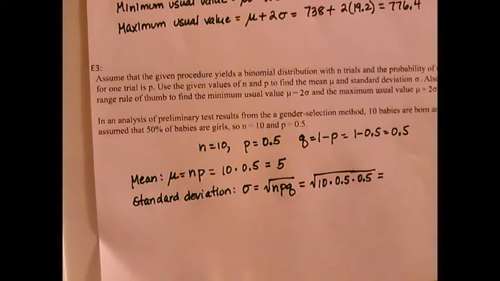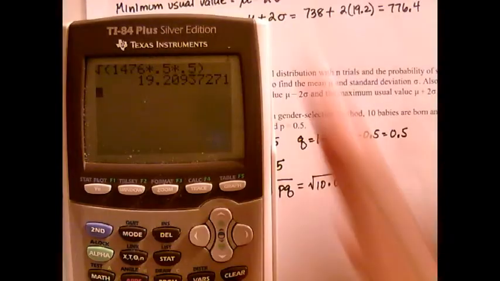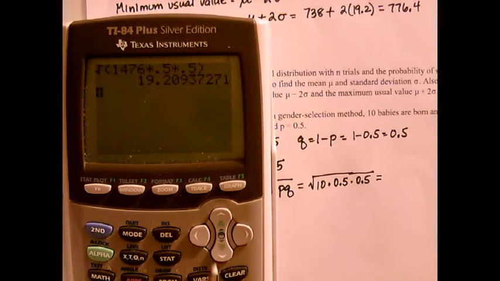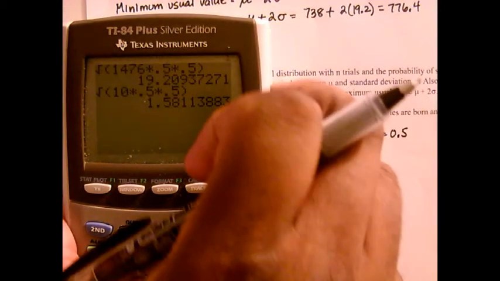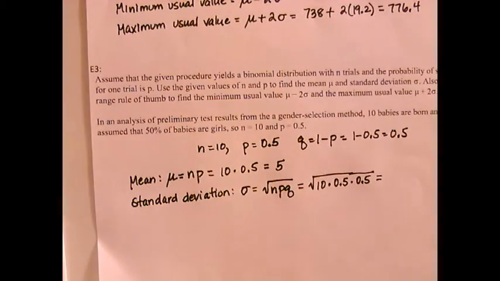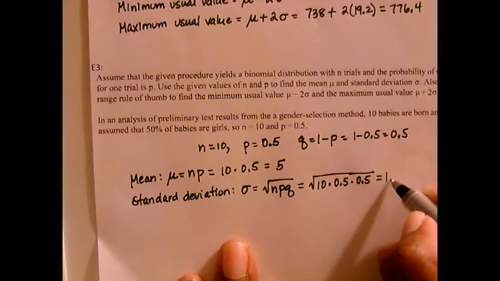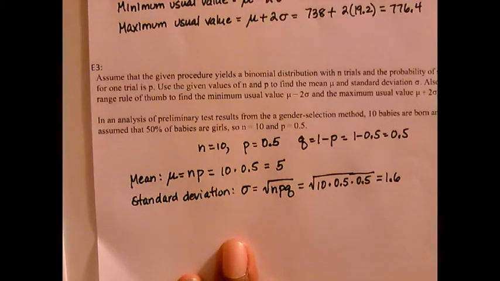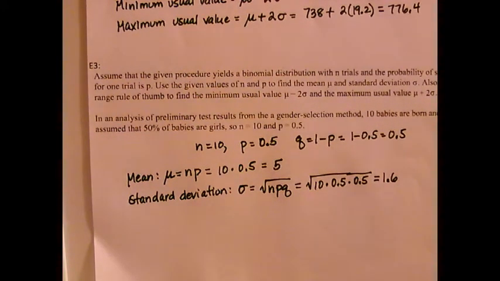Okay, now I'll go ahead and show you how to type that into the calculator. Second x squared for your square root, then 10 times 0.5 times 0.5. And that will be approximately 1.6, rounded to 1 decimal place. So your standard deviation there would simply be 1.6.